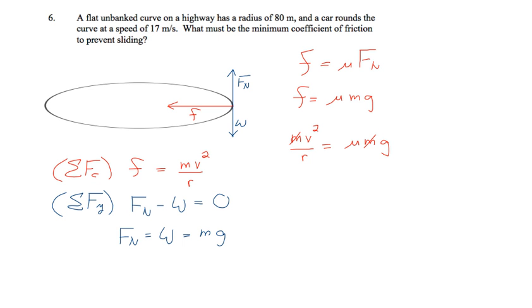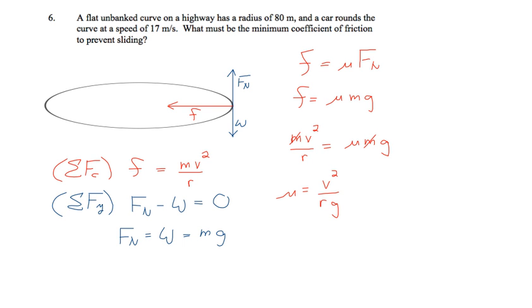No matter what it is, the answer will be the same for what the coefficient of friction has to be. And remember, that represents how slippery the surface is. Mu is the unknown, so I'm going to rearrange this equation to solve for mu. All I have to do is move the g down there, and I'm done. So mu equals v squared divided by rg.